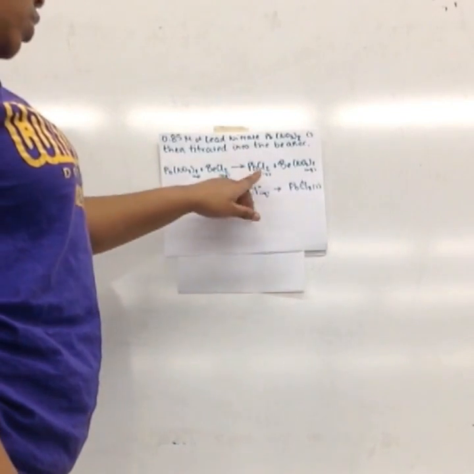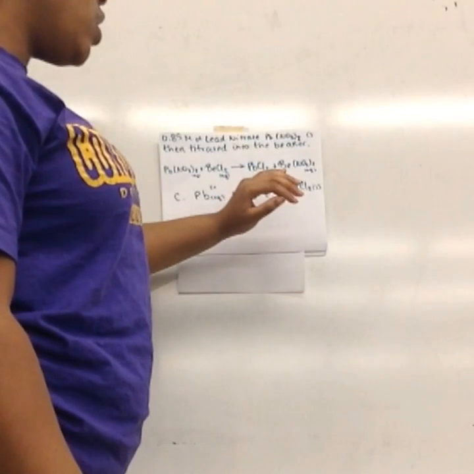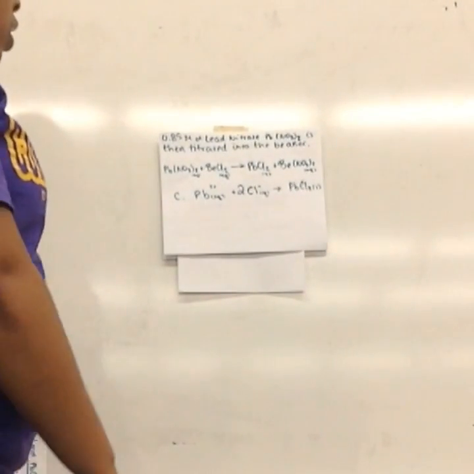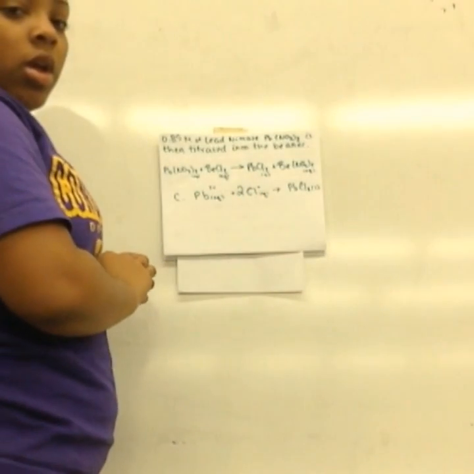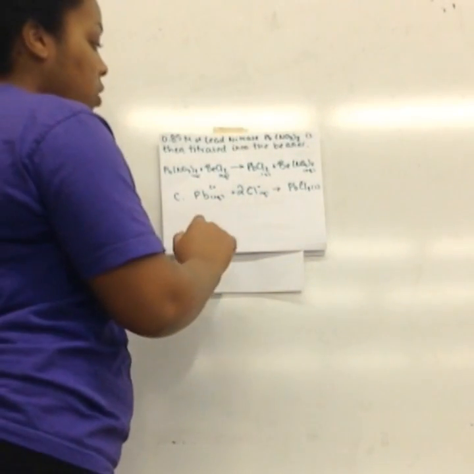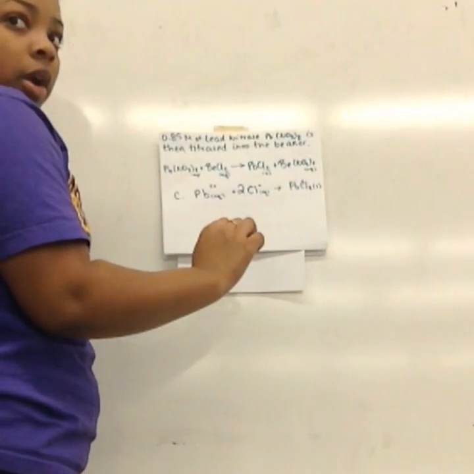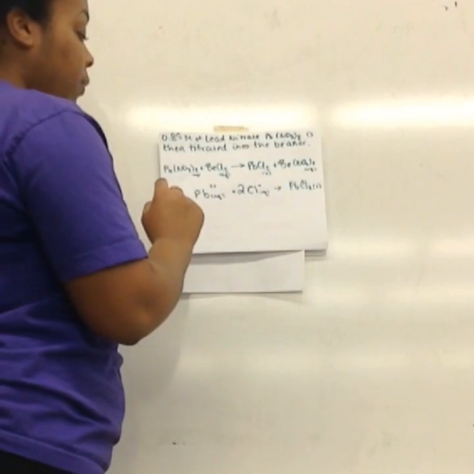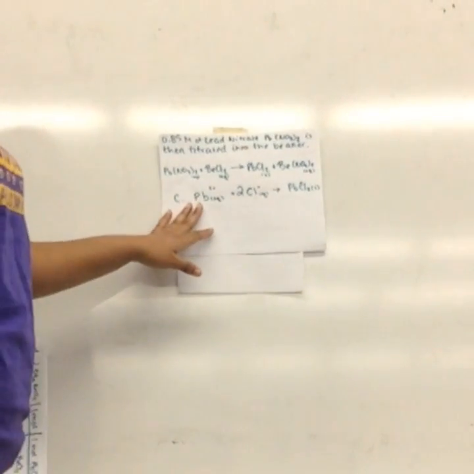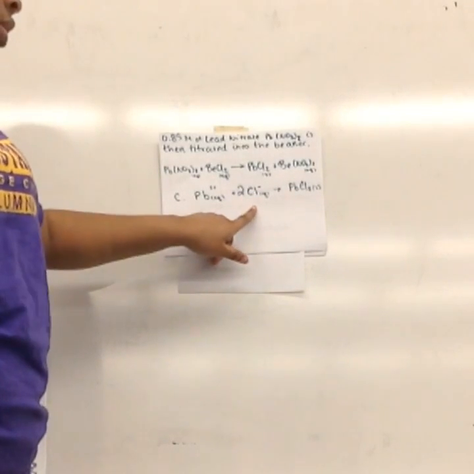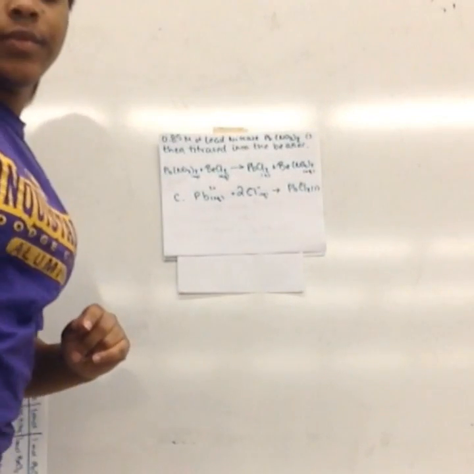It's going to make a precipitate of lead chloride and beryllium nitrate. And so that's your precipitate. So when you make the net ionic equation, you're only going to be using the ions necessary for it. So then you have the lead plus the 2 chloride ions, and then it's going to make the lead chloride.